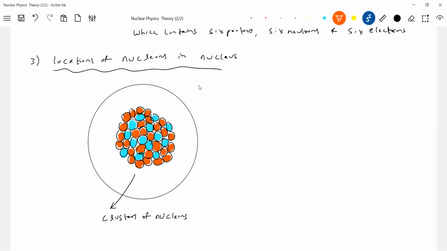This red color, let me call them neutrons, and this is the protons. You just assume tiny balls. In books they write P and N like that. I'm just showing the colors here.